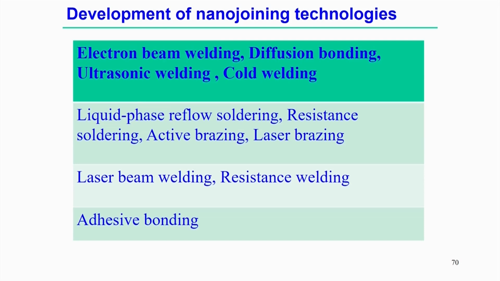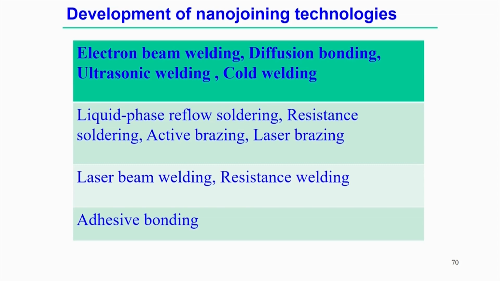The solid state welding nano joining technologies that we use are electron beam welding, diffusion bonding, ultrasonic welding, and cold welding. These are all solid state welding processes used in nano joining.